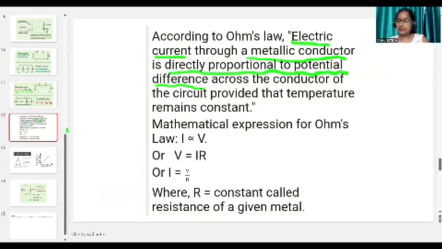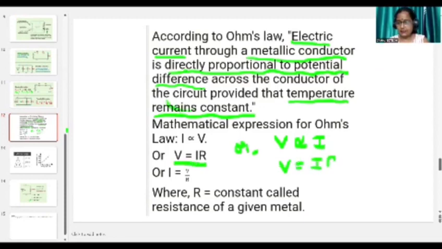But the condition is temperature remains constant. Okay. So mathematically, what we can write? I is proportional to V, or we may also write V is proportional to I. R is a constant. Okay.